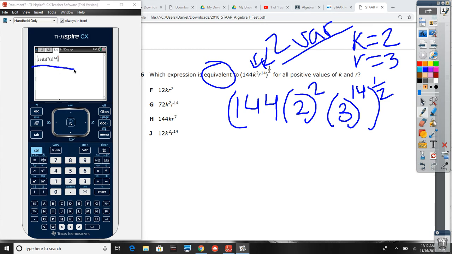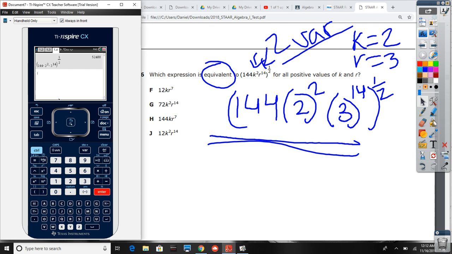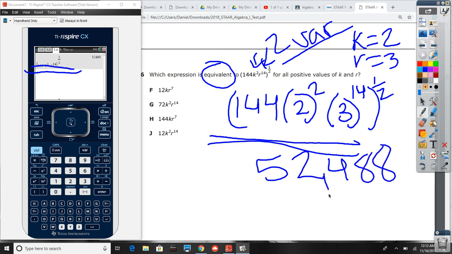Okay, and now this looks exactly like what I have right here. Oh, I'm forgetting. It's almost exactly. It's the 1/2 power. Okay, now it looks exactly right. So now this looks like that. So I'm gonna press enter, and I got the number 52,488.